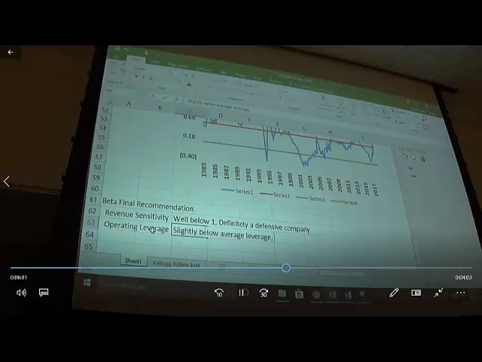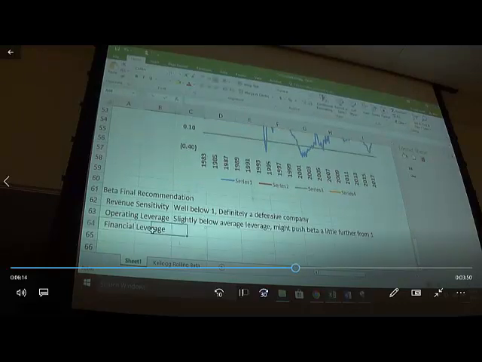Leverage might push beta a little further from 1. Financial leverage, very high. Financial, very high leverage should push us closer to 1.